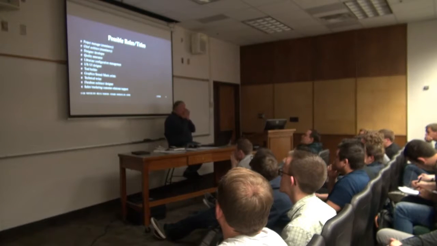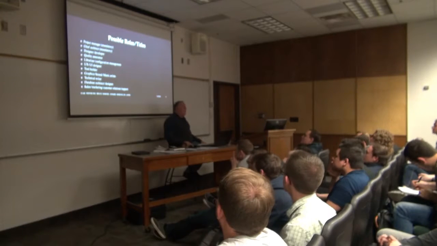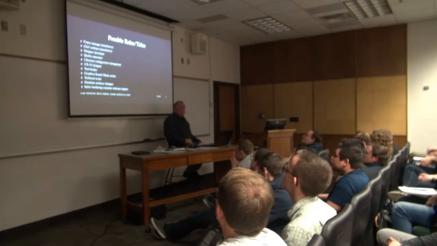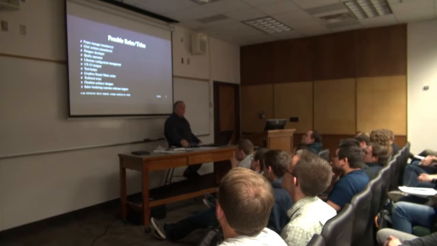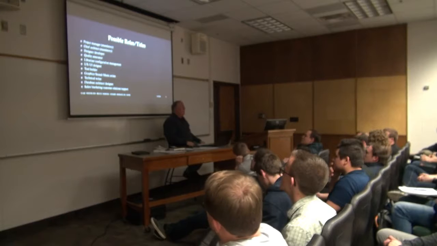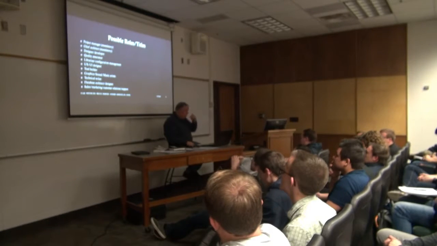Possible roles and titles. I want a project manager and a chief architect on every team. Other than that, feel free to figure out how to divide it up. The challenge you're going to find, and this is a real world challenge, is that you're going to have competition for project spots that are seen as being more prestigious. It's like, well, I really don't want to do QA. Actually, I think QA is one of the most important jobs, personally.